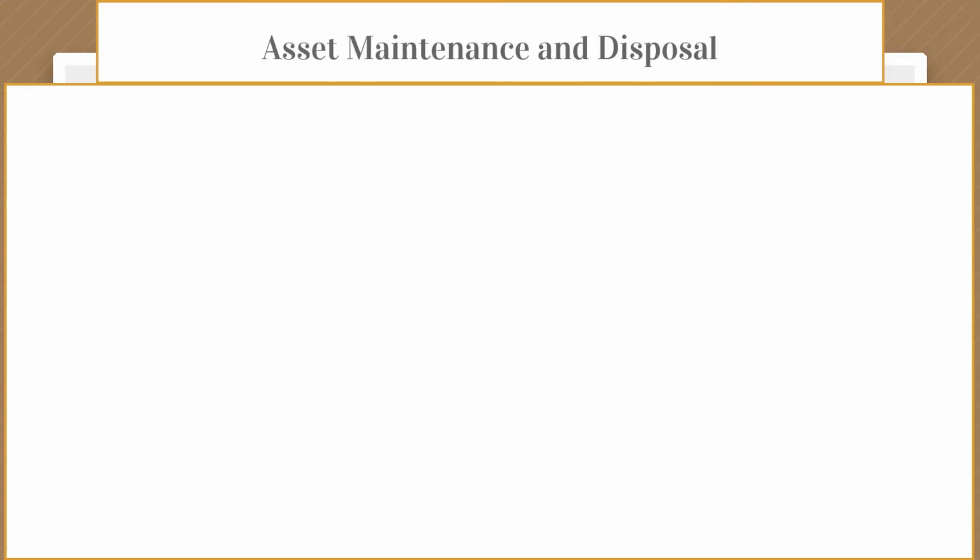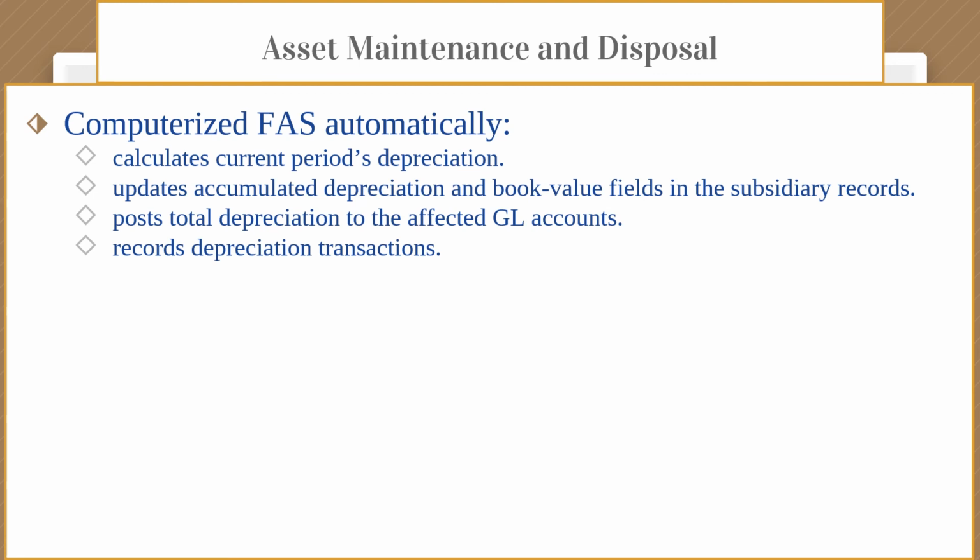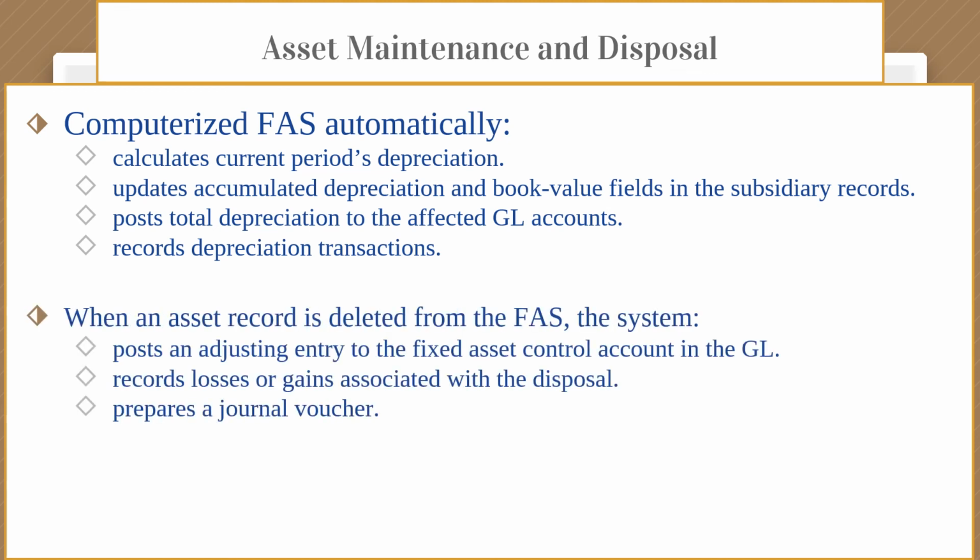For the maintenance and disposal, the computerized fixed assets system automatically calculates the current period depreciation, updates the accumulated depreciation and book value fields in the subsidiary records, posts total depreciation to the affected general ledger account, and lastly records the depreciation transaction.